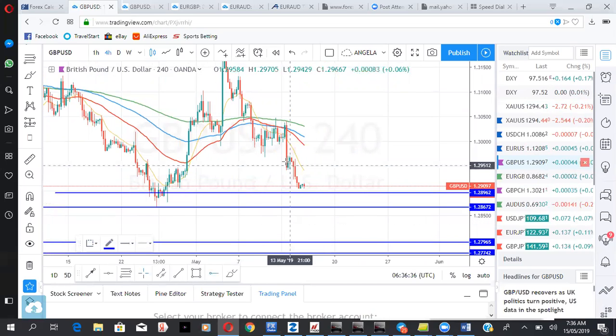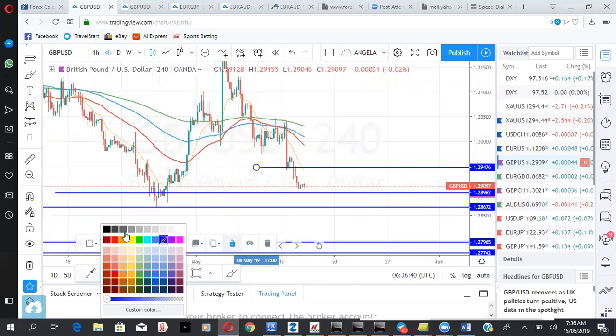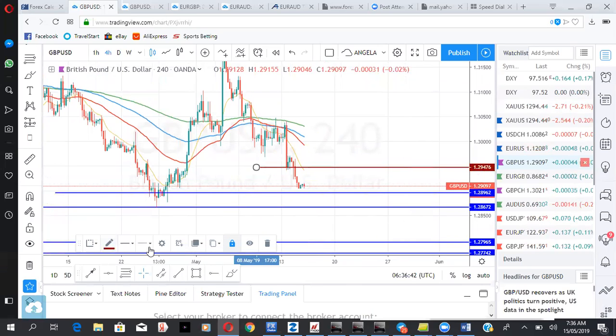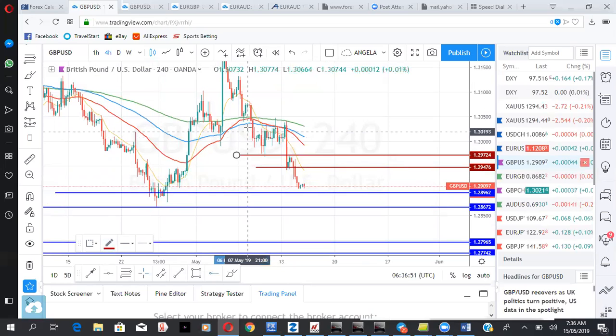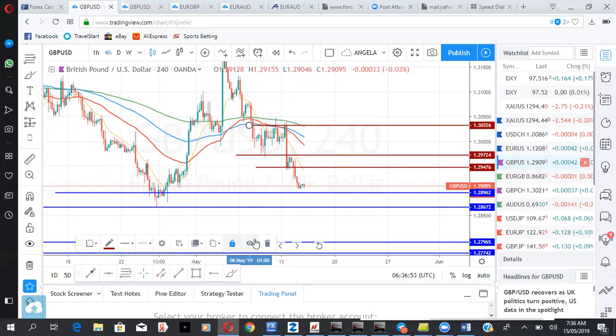So if we find support there, the first line of resistance is coming in at this point, 29.47, while the second one is probably coming in here. Then the other one is coming in at this point.